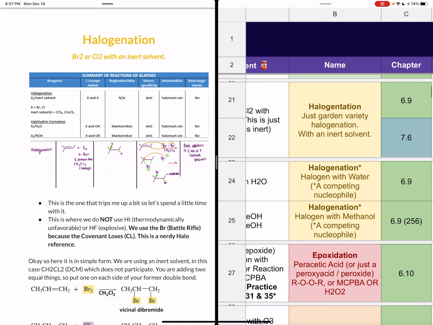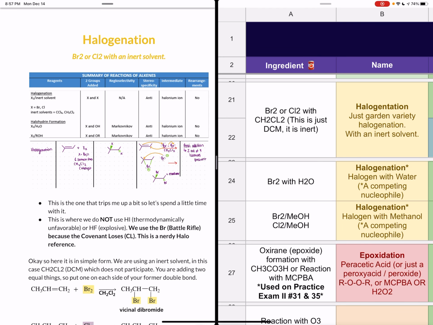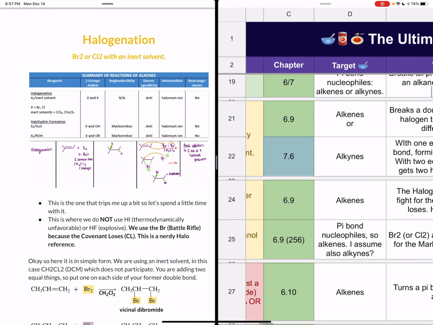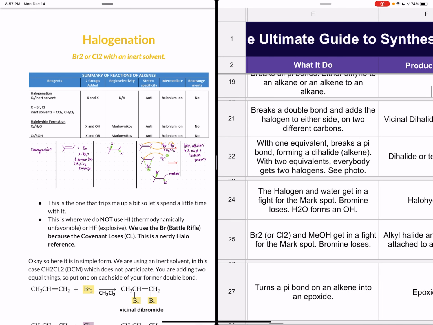Garden variety halogenation, this looks like Br2 or Cl2. If we're adding this to an alkene, it's going to break a double bond and add the halogen to either side on two different carbons. So if we add Br2, it is going to add both bromines. And this is an anti in terms of stereospecificity because as one bromine comes in, the other one needs to approach from a different plane.